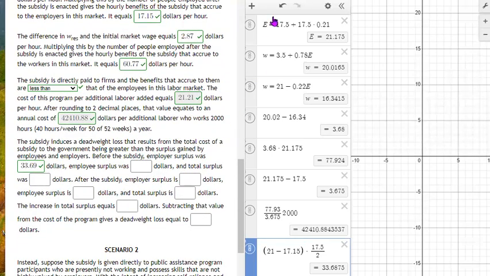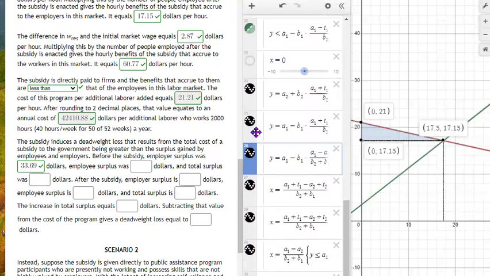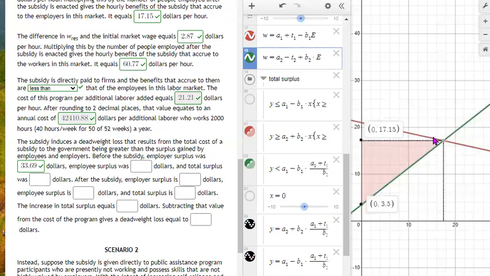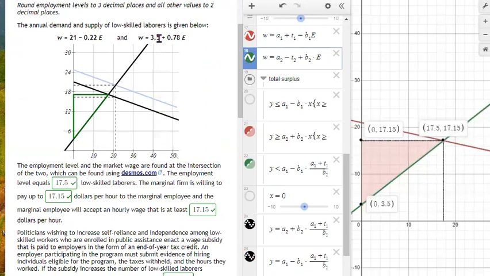Okay, what about the employee surplus? Let's go back here. The initial employee surplus, I'm going to turn off the employer surplus, and I'm going to turn on the employee surplus. The worker surplus is determined by this triangle, right? So these numbers are the same as before, but this number down here is the intercept of labor supply, 3.5, right?